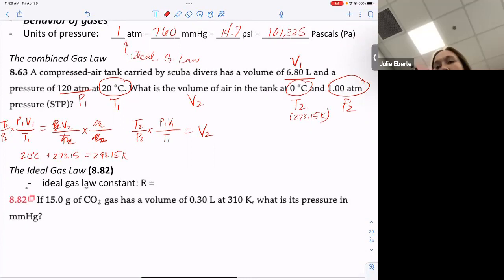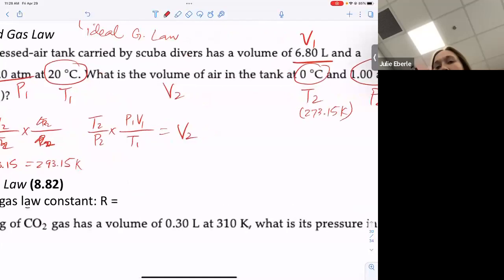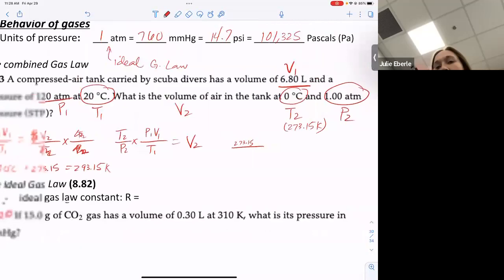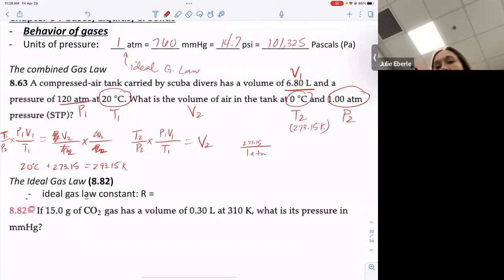Now we just plug everything in. We'll have T2, which is 273.15, over P2, which is 1 ATM, times P1, which is 120 ATM, times V1, which is the 6.8 liters, over T1, 293.